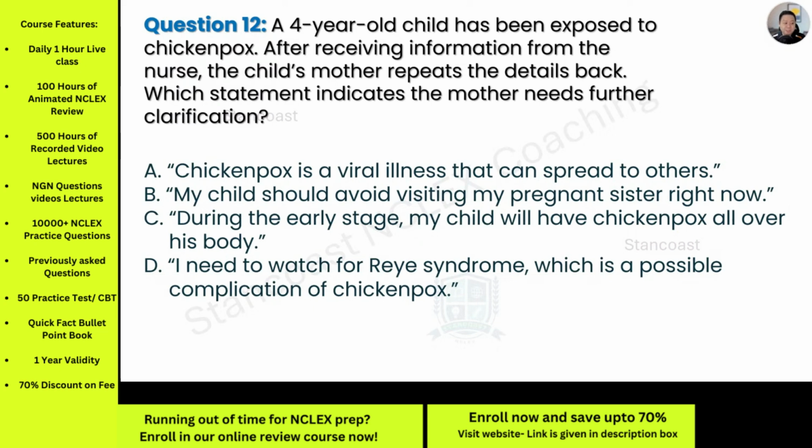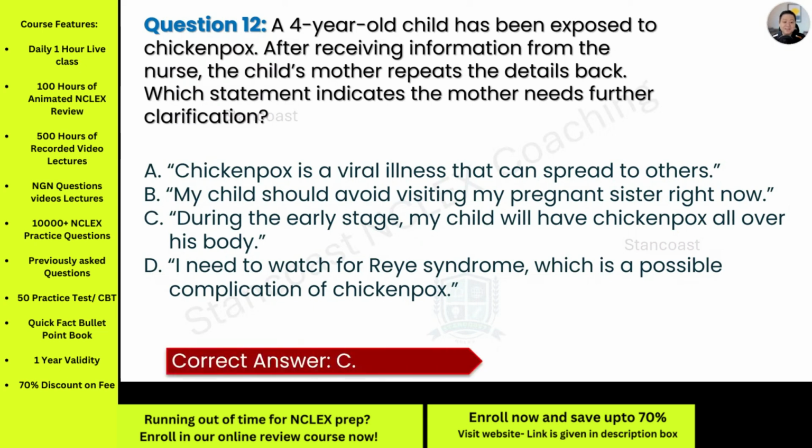So the option is letter C, because the prodromal phase refers to the period before the full manifestation of chickenpox. During this time, symptoms such as fever and malaise can occur, but the characteristic rash has not yet spread extensively. So if you select letter A, this is incorrect, because chickenpox is indeed a contagious viral infection.